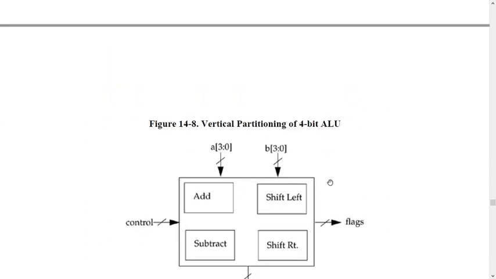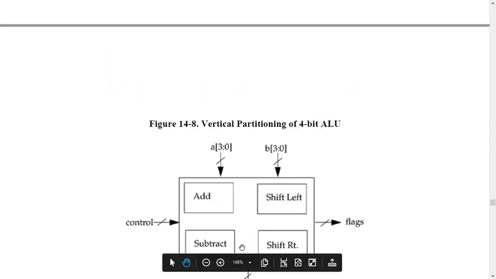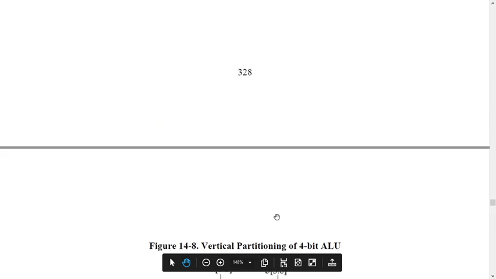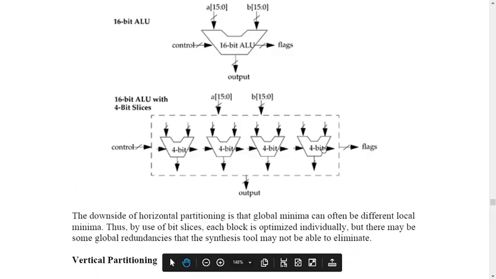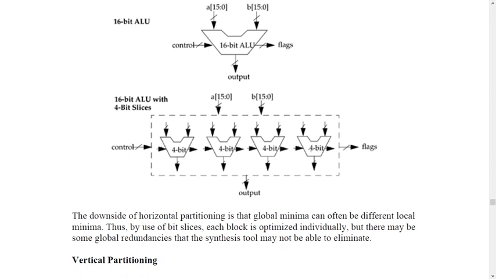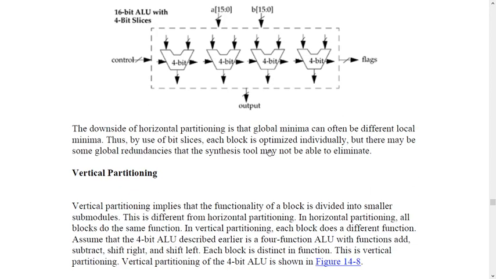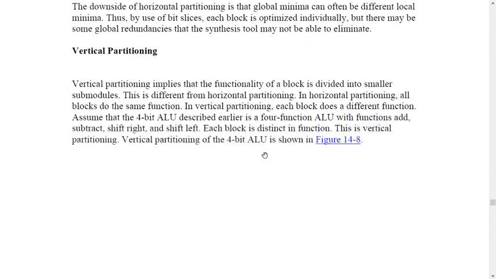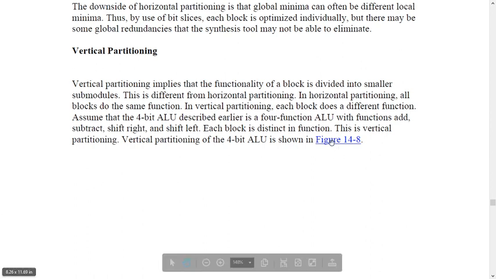See here, we will have addition, subtraction, shift left, shift right. Whereas here, all blocks will be a 4-bit ALU doing the same ALU operation with the same number of bits. So in that way both are different.